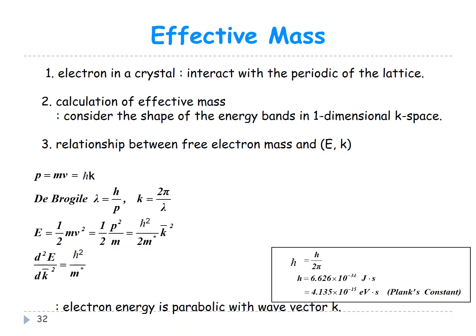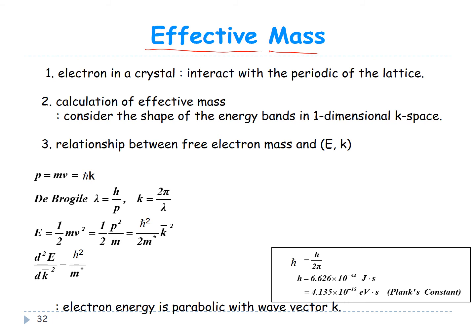Another very important concept is that of the effective mass of an electron. Now, the true mass of an electron doesn't change whether the electron is traveling in free space or in a vacuum or in a solid like the silicon semiconductor. The true mass of the electron is the same. The effective mass, however, changes, because the effective mass takes into account the obstacles that the electron faces as it travels through the solid.